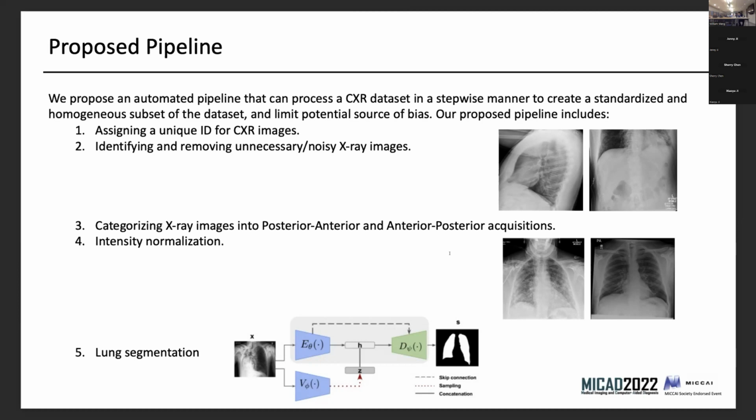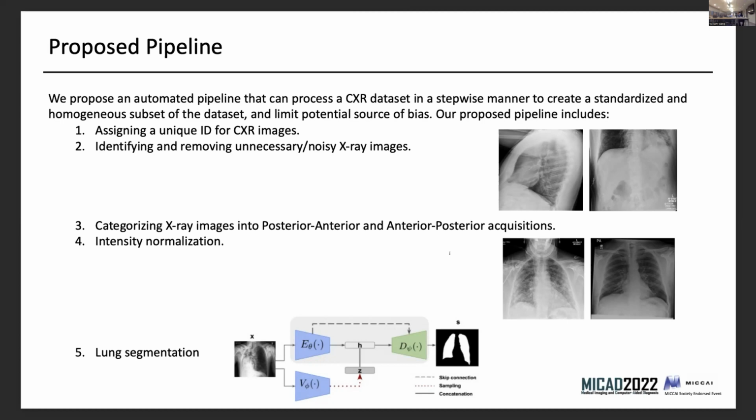The third step is categorizing chest X-ray images into posterior-anterior and anterior-posterior. We did that with pretty simple methods, looking at the DICOM headers, where there's usually information on what type of chest X-ray it is.